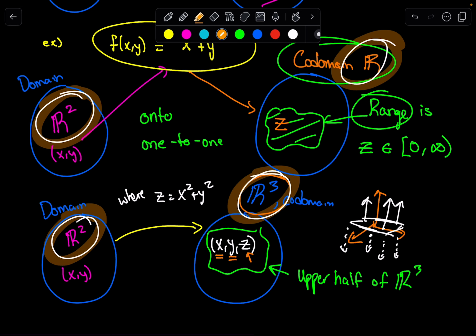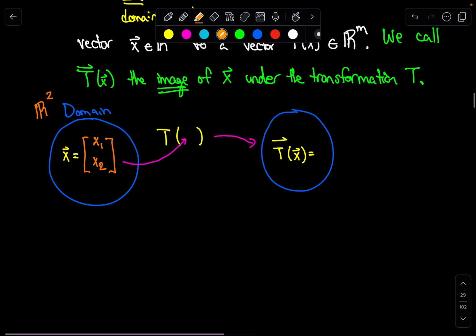I could start at R2 and define something super crazy that ends up in R107. So for the sake of example, let's pretend I'm doing a mapping to R3. Then this generic vector over here has components, maybe I'll call them B1, B2, and B3.